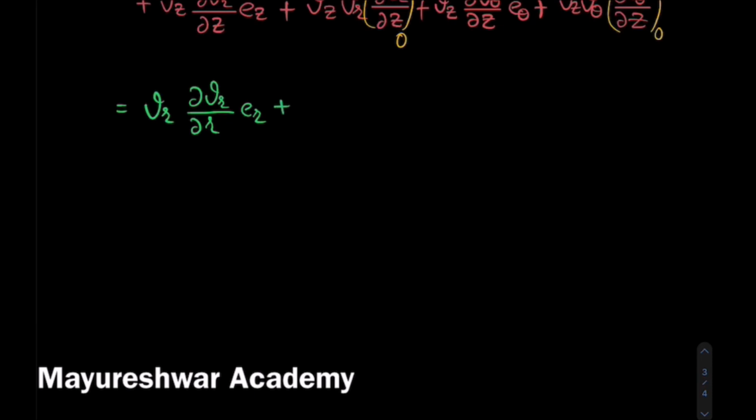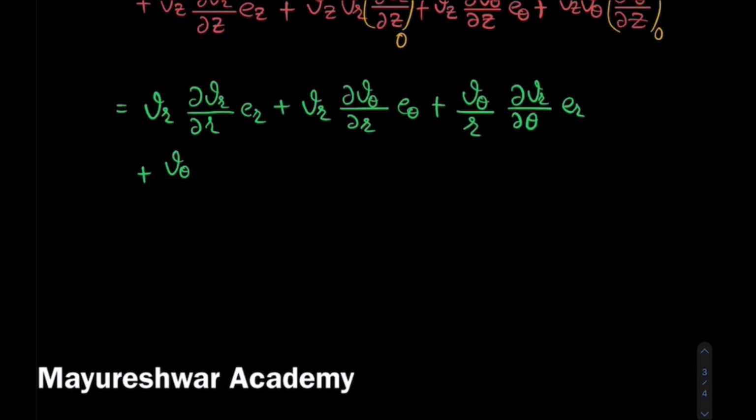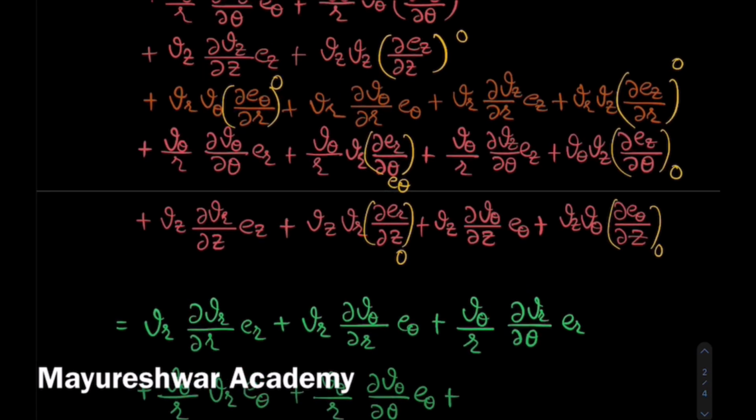So let us rewrite the terms which are left now. v_r ∂/∂r of v_θ e_θ, plus v_θ over r, partial v_r over partial θ times e_r, plus v_θ over r v_r into e_θ, plus v_θ over r into ∂v_θ/∂θ times e_θ.